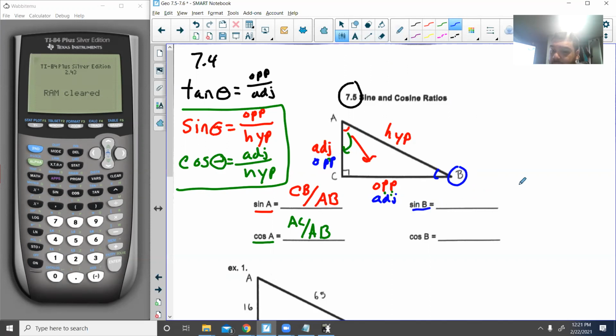For sine, we have the opposite over the hypotenuse, so AC over AB. So the opposite side over the hypotenuse side. And cosine is adjacent over hypotenuse. The adjacent's over here now. So that's CB or BC over the hypotenuse, which never changes, AB.